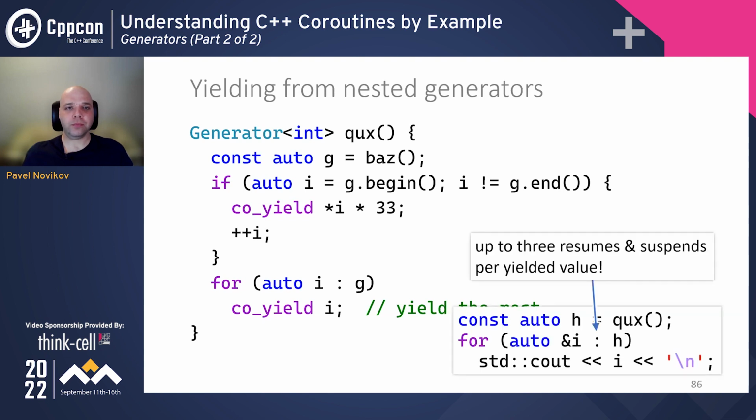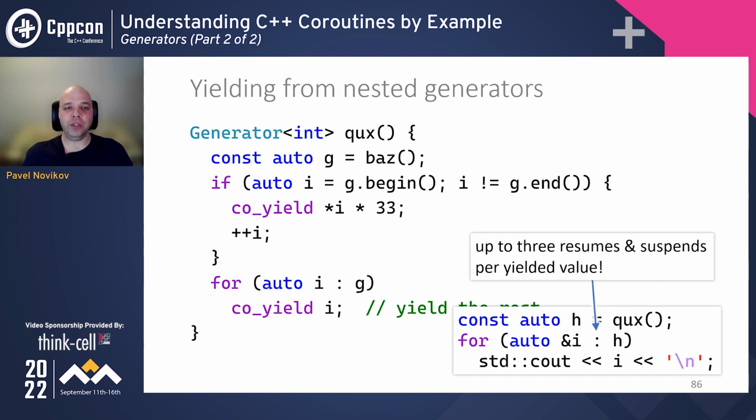So in this configuration, we have the outermost generator, and we have two nested generators, and in total we have to do up to 3 resumes and suspends when we want to yield just one value.